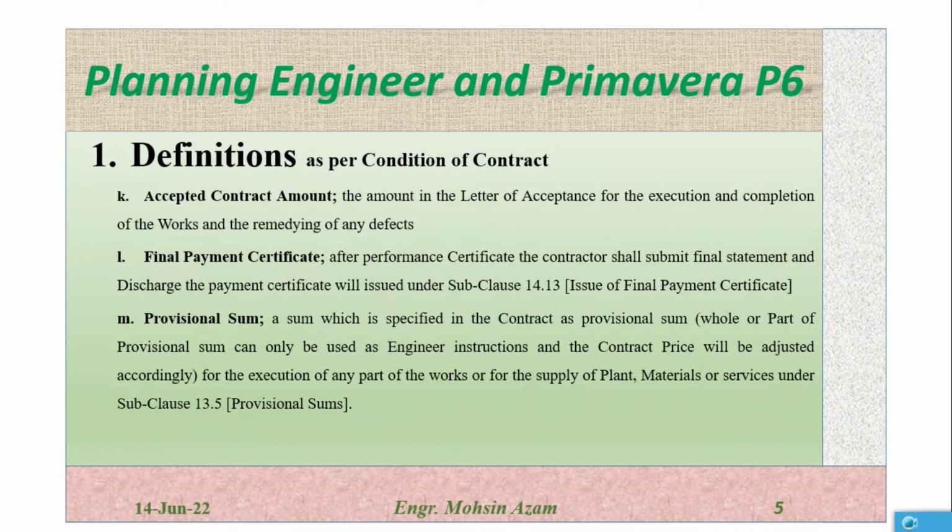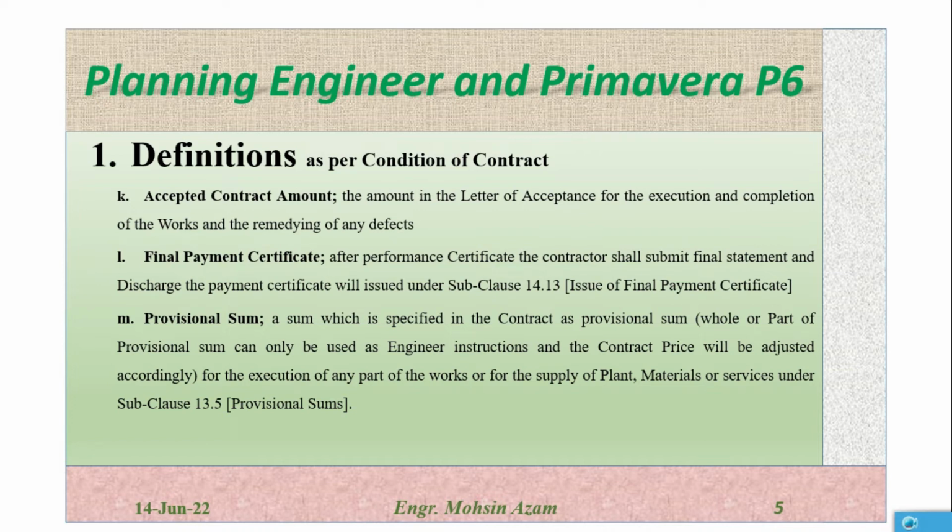Accepted contract amount, as it's clear from the sentence, is the amount in the letter of acceptance. As we discussed before, the letter of acceptance we will get from the employer after submitting the tender.